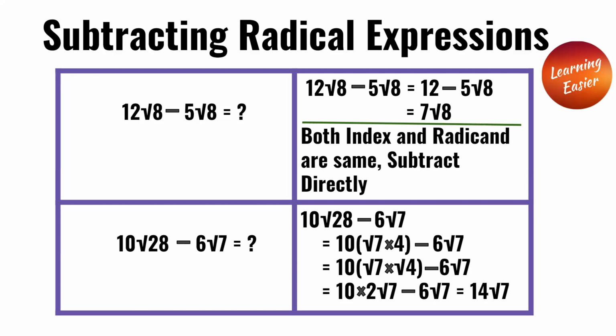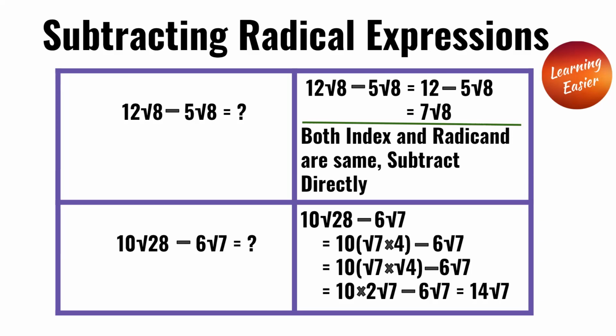10 square root of 28 minus 6 square root of 7. We can't simplify 6 square root of 7 any further, but we can simplify 10 square root of 28.